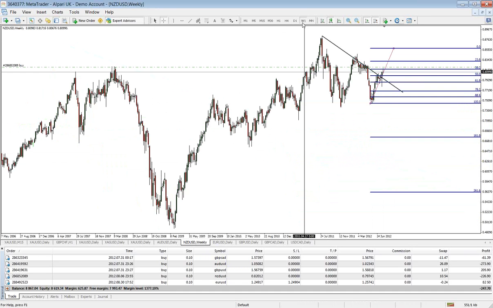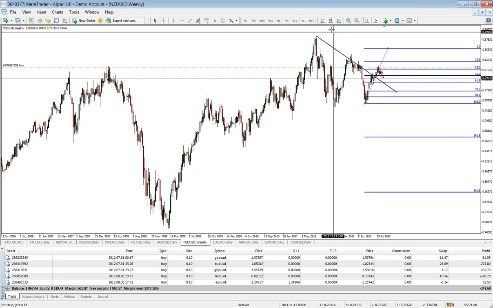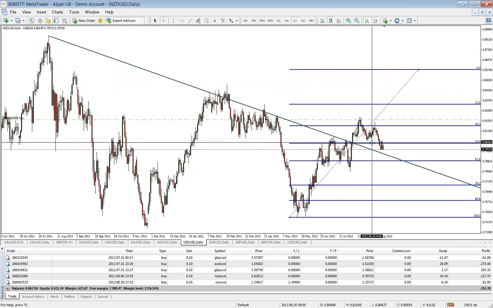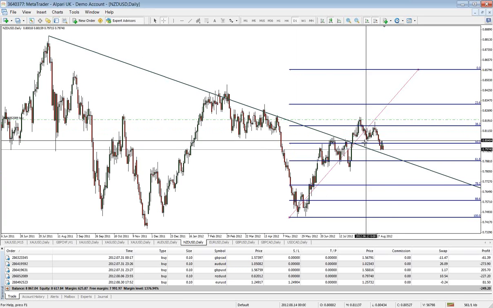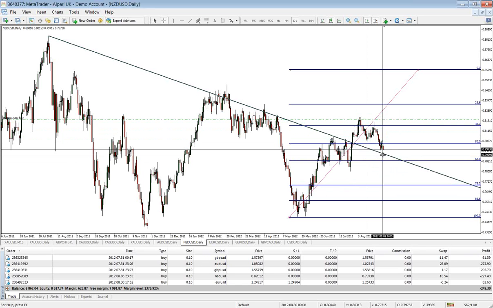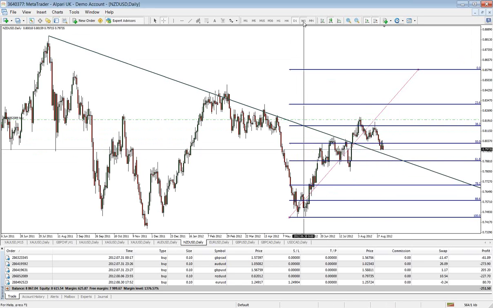But let me see now the weekly, because if we go as high on the daily chart as that, you should always check the highest time frame. This is very important because the market usually makes these tricks very often, I notice. So be careful and always check the highest time frame.